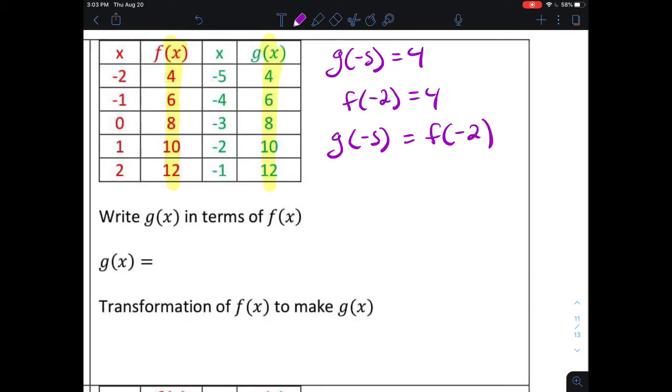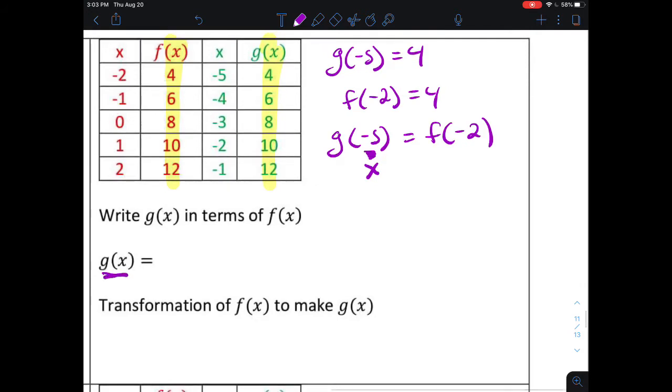Now I want to write that in a statement where I can write g of x in terms of f of x. So I'm going to let that -5 be x to create g of x that matches this line here, and ask, how do I rewrite f such that if I put -5 in, what would I do to -5 to make -2?